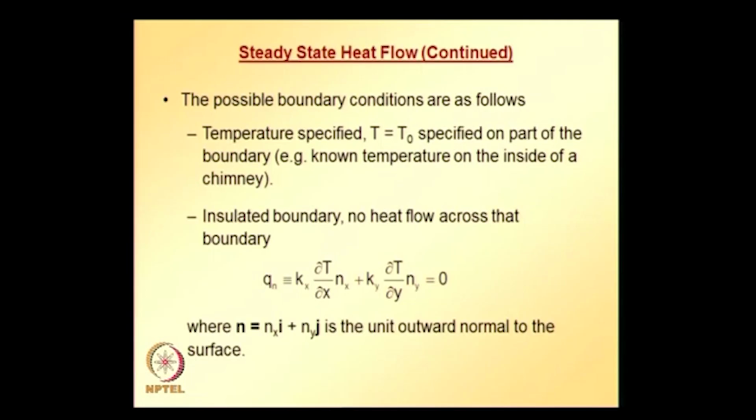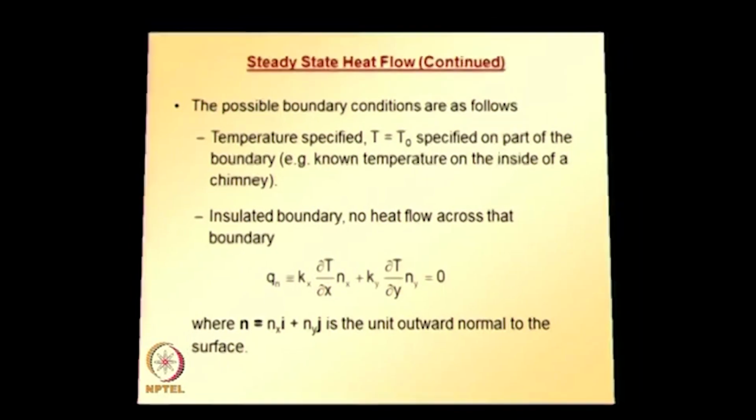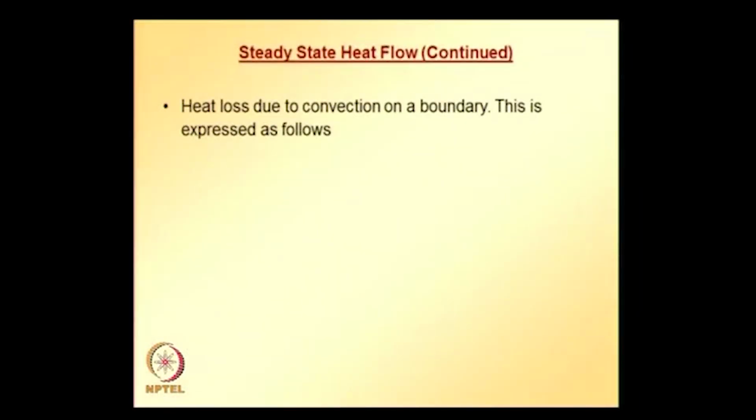Since this is insulated, Qn is equal to 0, and we can also consider the other case, heat loss due to convection on the boundary. In that case, Qn is going to be a non-zero value, which is going to be a function of the convection coefficient and temperature of the ambience. Heat loss due to convection on a boundary, in that case Qn is given by this.